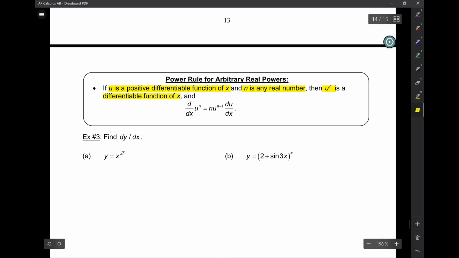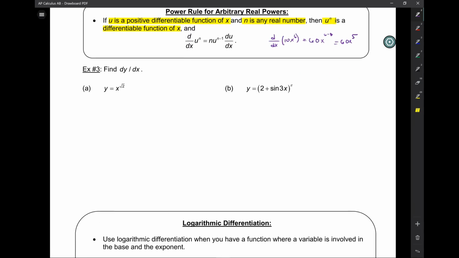And basically, the same situation. When you have a power, it comes down, and then you take a derivative, and so on. So if, for example, you have to find d dx of 10x to the 6, what would that look like? 60x to the 5.